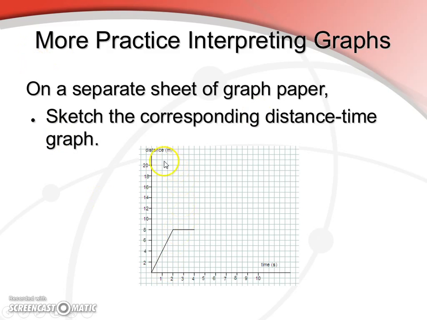Again, always define your axes: distance in meters versus time in seconds. As the car is moving forward, this segment looks exactly like our displacement-time graph. Similarly, the car being at rest gives us zero slope, zero change in distance across that 2-second segment.